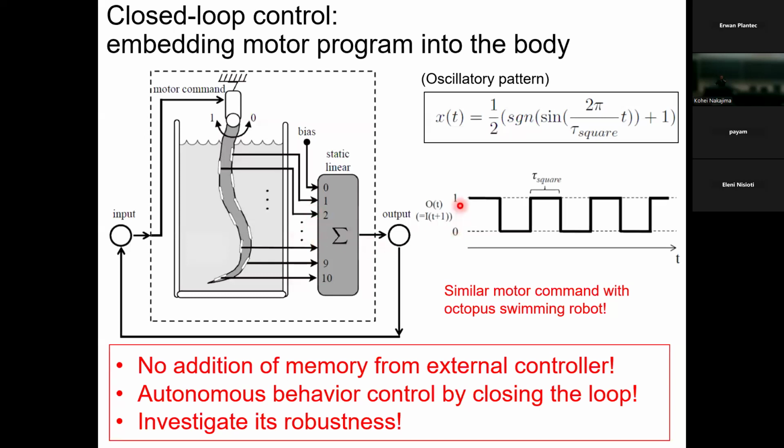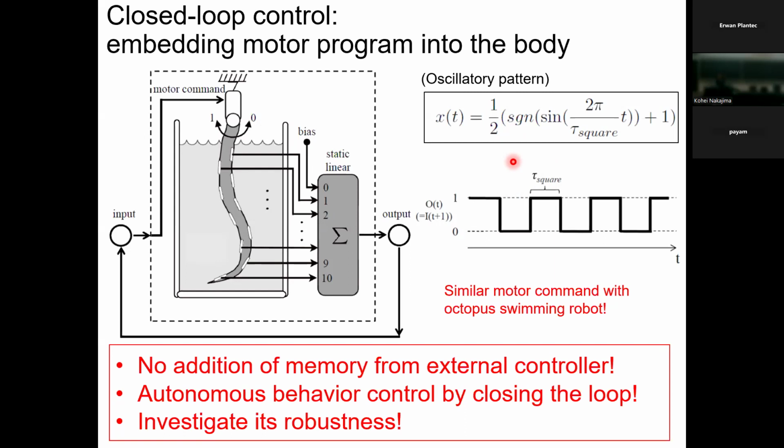So, for example, if we want to emulate this kind of oscillatory behavior, which has a certain duration of time, then usually to embed this kind of oscillatory behavior, we need a counter. So we have some parameter like tau square here. If you run this in the PC, you have a counter and you count tau square, and if tau square has passed, then it switches from 1 to 0 or 0 to 1.